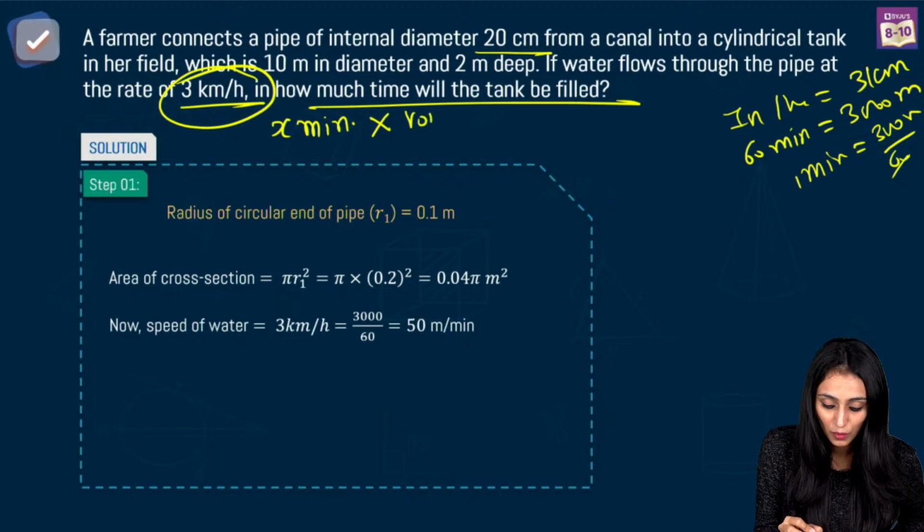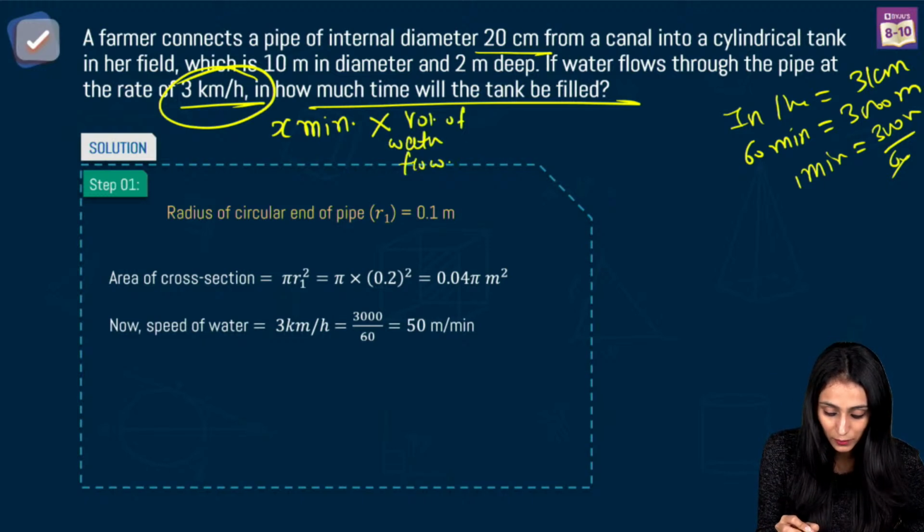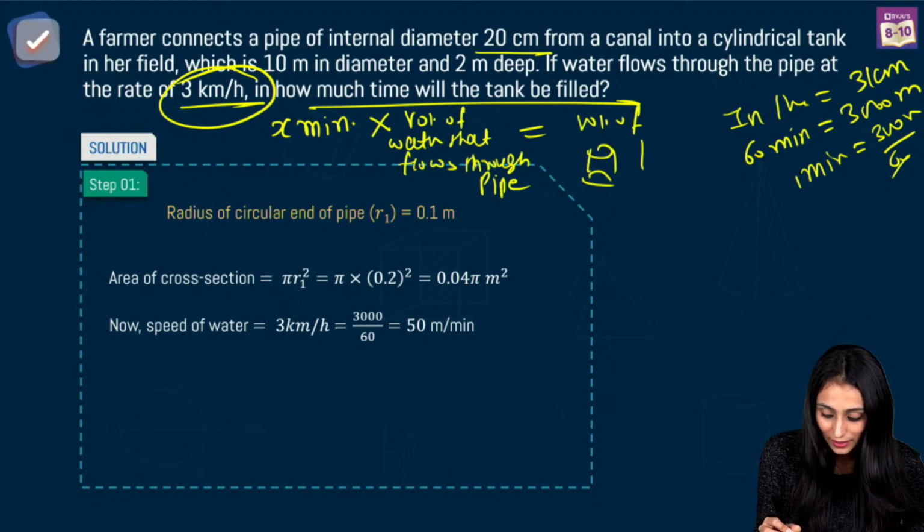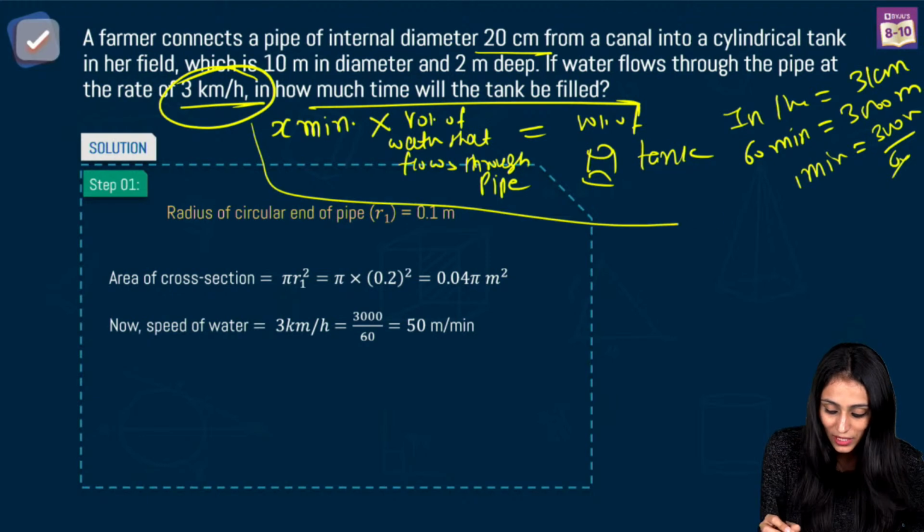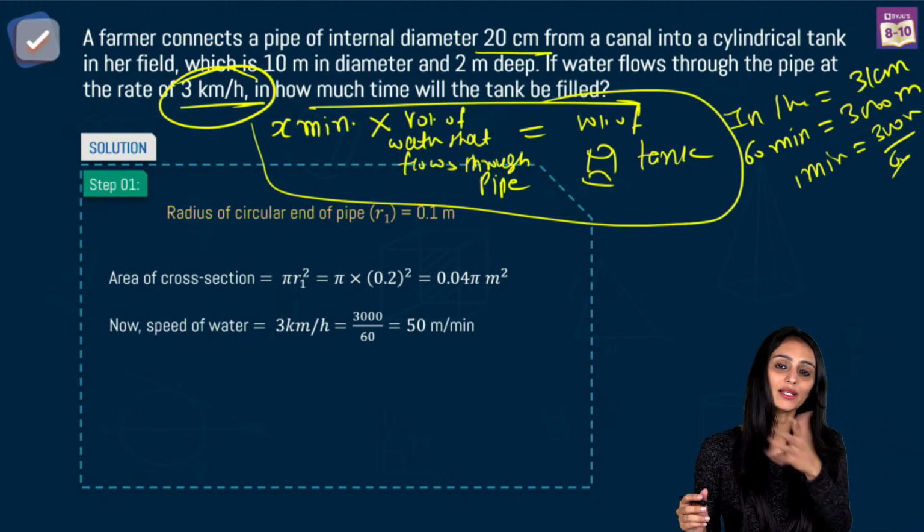So the volume of water that flows through the pipe would be equal to the volume of the cylindrical tank. Is this step clear to all of you? If this is clear, you would understand the entire question.